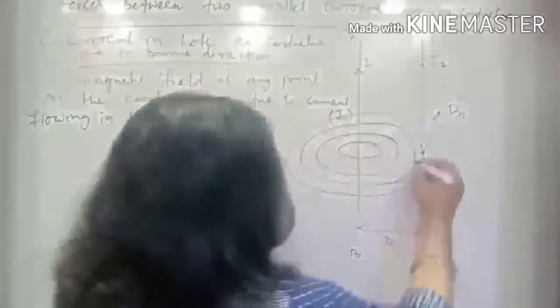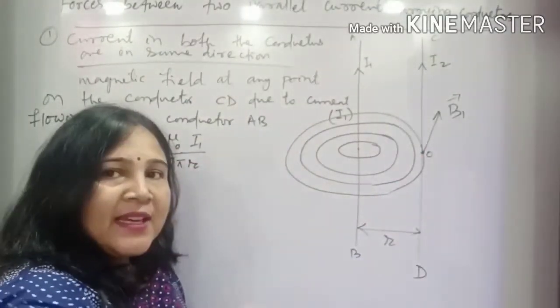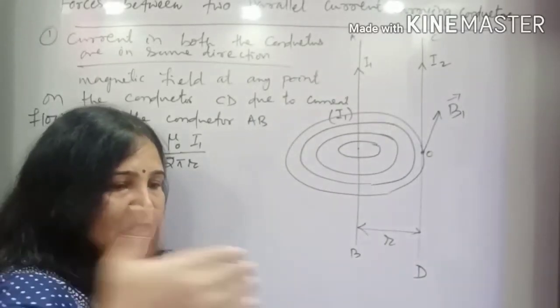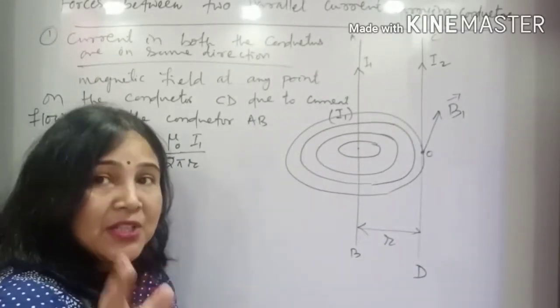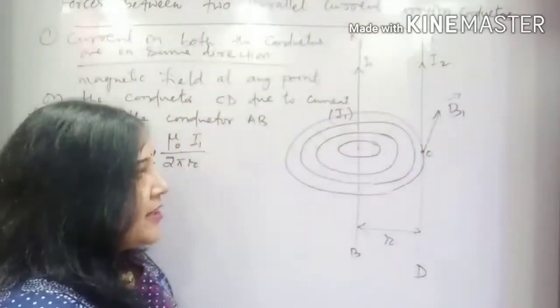Let's suppose this is a point O lying on the conductor CD. At this point O, the magnetic field's direction is into the plane of paper, and it is perpendicular to the conductor CD.